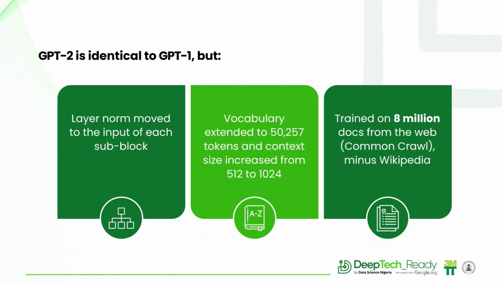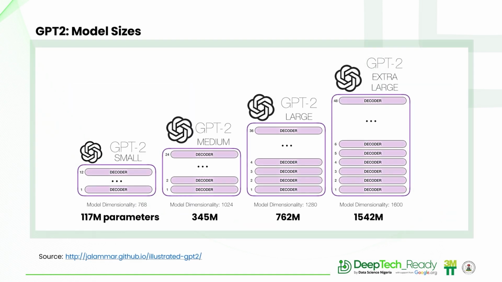GPT-2 comes in various model sizes, each with increasing capacity and performance. These include the GPT-2 base, the GPT-2 medium, the GPT-2 large, and the GPT-2 extra large. The GPT-2 base is a standard model with 117 million parameters. The medium has 345 million parameters and offers better performance.